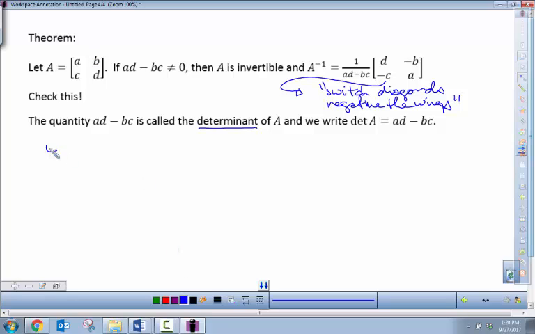So keeping with our rotation theme, our 90-degree rotation matrix, you remember what that was? A was equal to, what was it? I forgot now. 0, negative 1, 1, 0. So that was our 90-degree rotation.